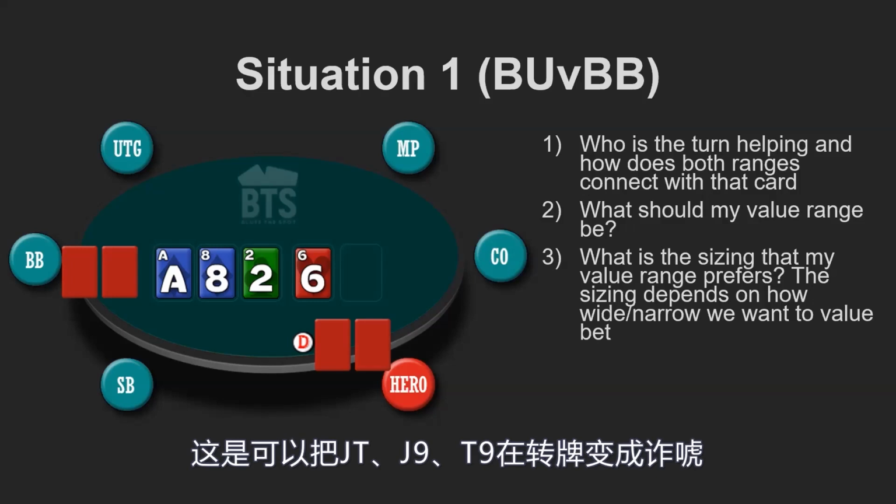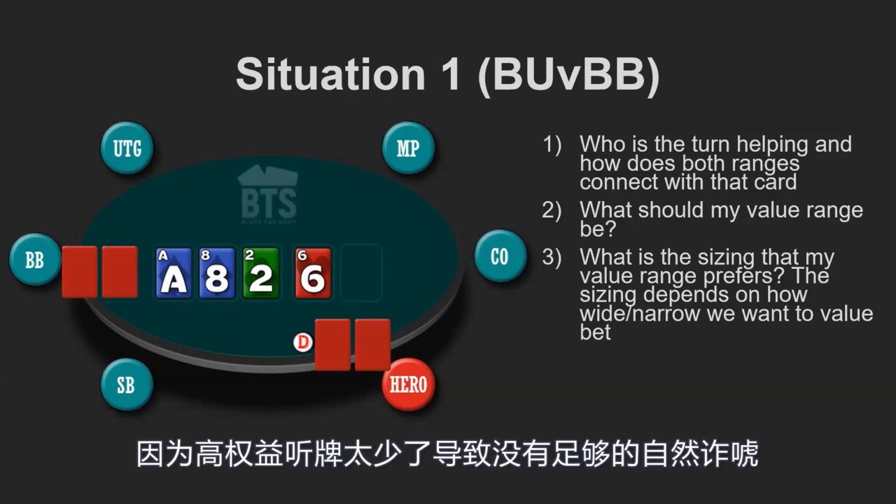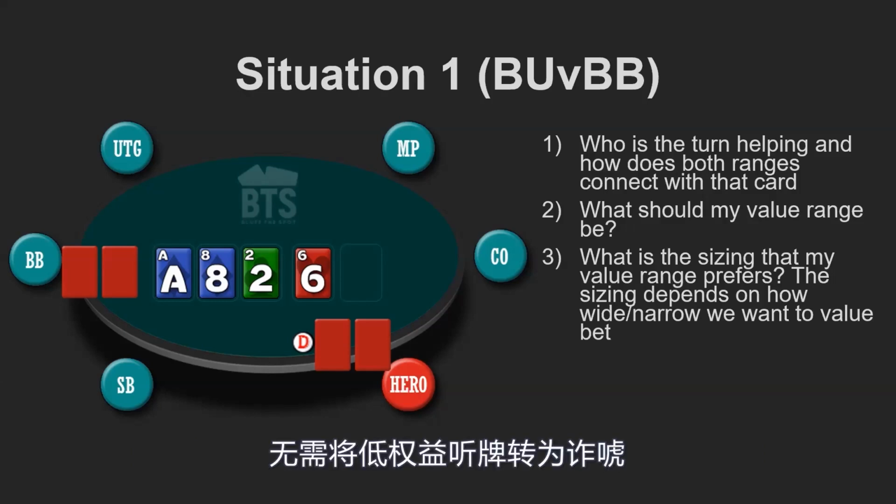You would see a lot more Jack 10, Jack 9, 10-9 on ace, 8, deuce, turn deuce, rainbow. You would see a lot more of those blocker type of hands, because there are just no natural bluffs. But on this specific turn, for example, we have so many bluffs that we don't need to be betting no equity hands, if that makes sense.